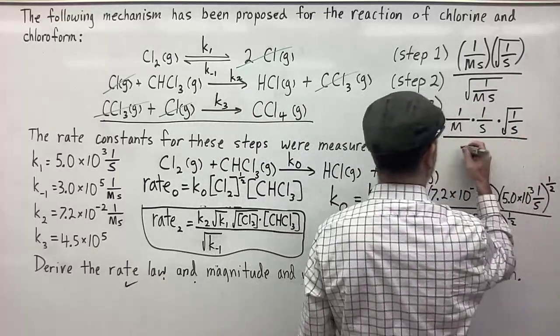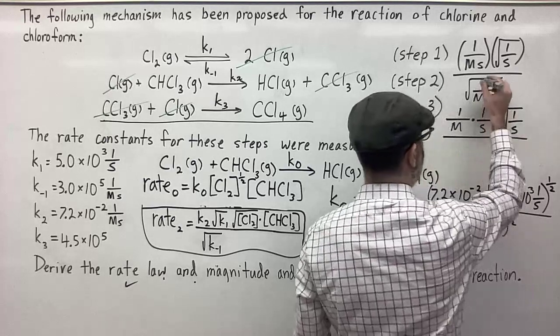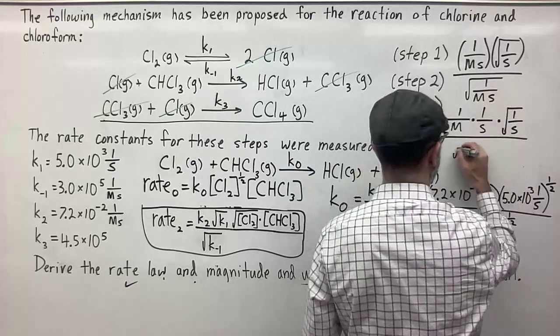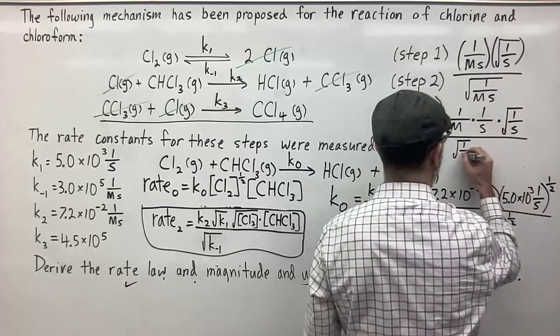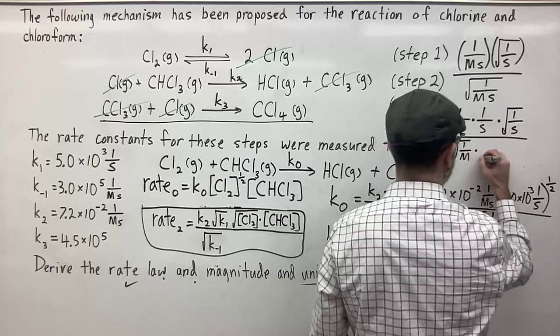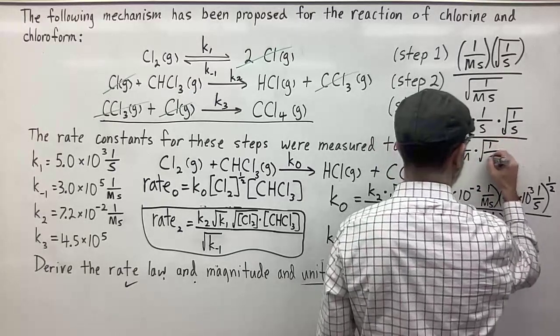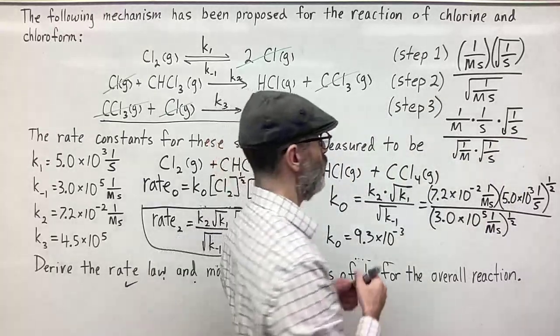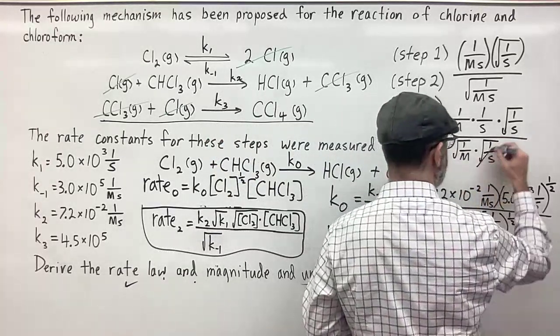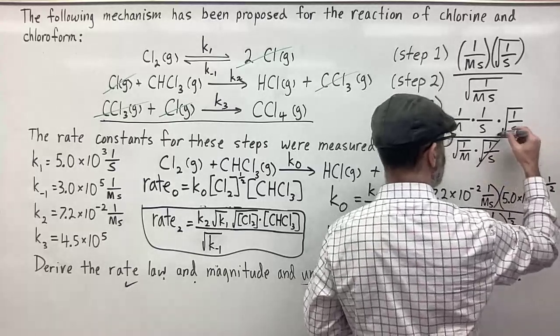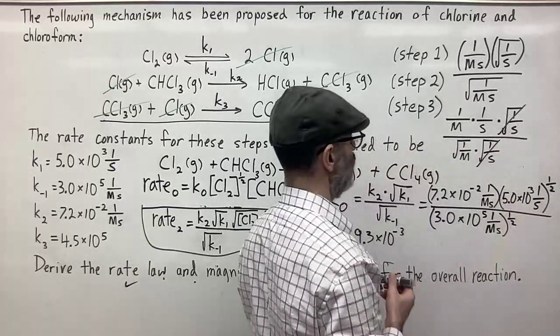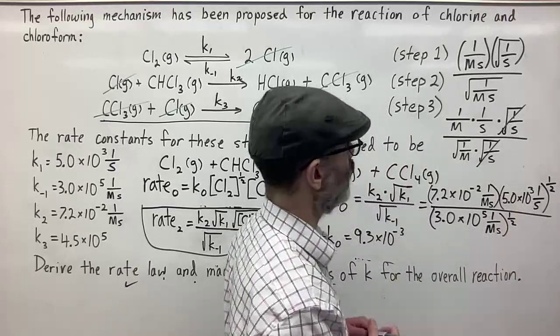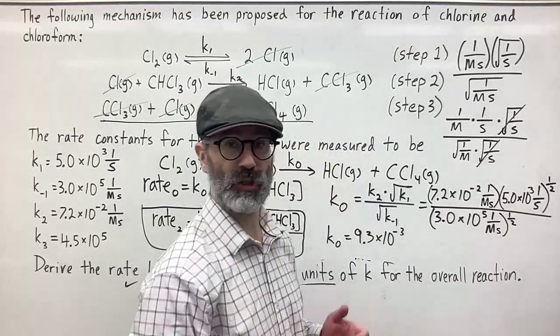Here I have the square root of 1 over molar seconds. That's the same as the square root of 1 over molar times the square root of 1 over seconds. So right away we can see things cancel out. The square root of 1 over seconds cancels out on the top and bottom. Okay, so far so good.